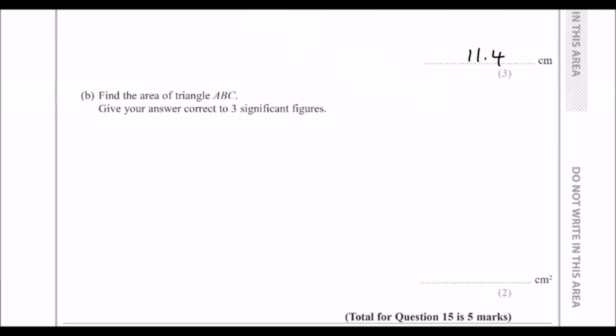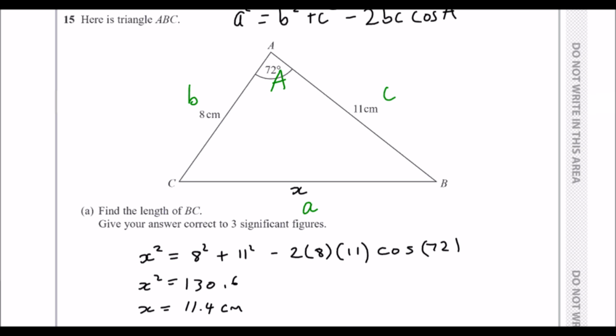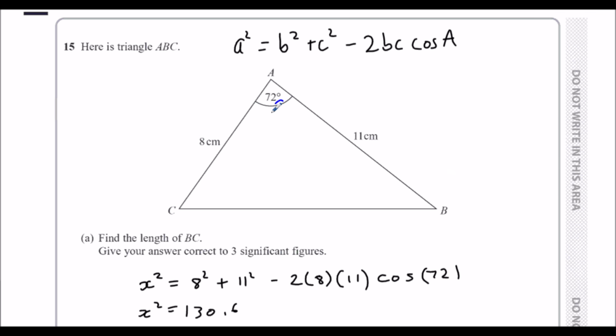Find the area of triangle ABC. Give your answer correct to 3 significant figures. So the area of any triangle can be found using half ab sine C. So I'm going to relabel it. I'm not going to use these labels I had before, because this time the angle is big C. So this is C. Opposite C will be little c.